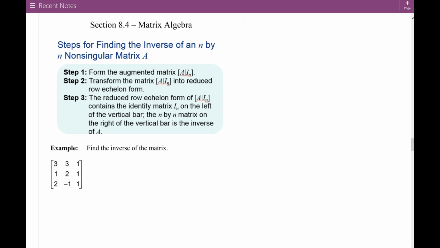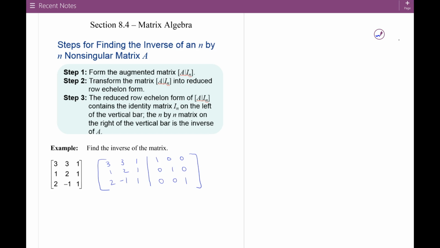So the steps for finding the inverse, I'll show you the beginning of the steps on this example here. You form the augmented matrix where you keep all the entries you have, 3, 3, 1, 1, 2, 1, 2, negative 1, 1. Then you make a vertical line, and then you put the proper size identity matrix so that it matches the square matrix you started with.